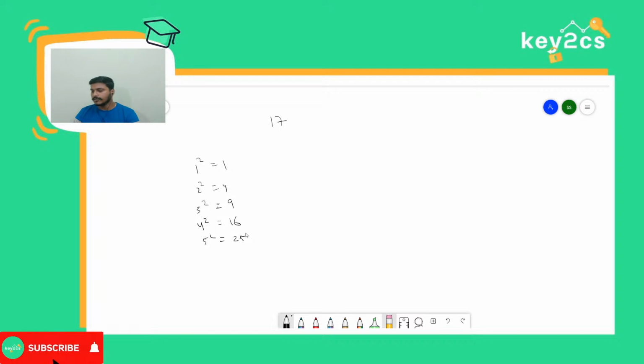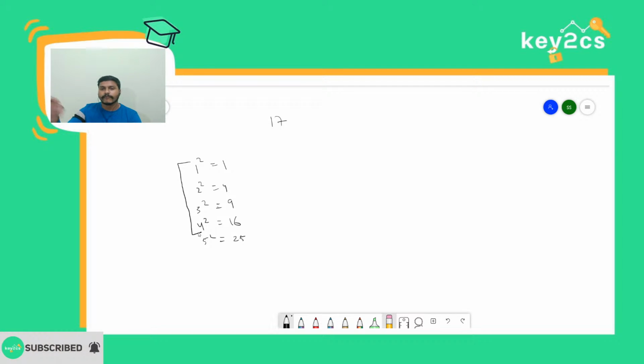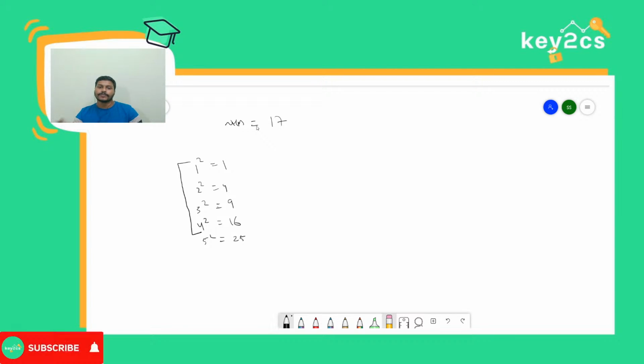So one thing you can do here is start from 1 and go till 4, and find out the square of each number and compare with the given number. Let's say the given number is num. You check whether 1 square is 17, no, continue. Whether 2 square is 17, no, next iteration. Whether 3 square is 17, no. Whether 4 square is 17, no, continue.